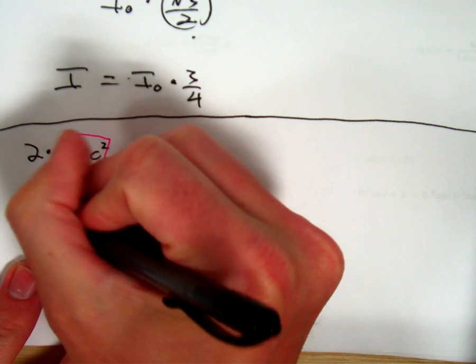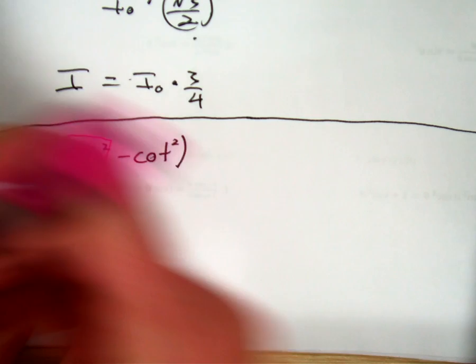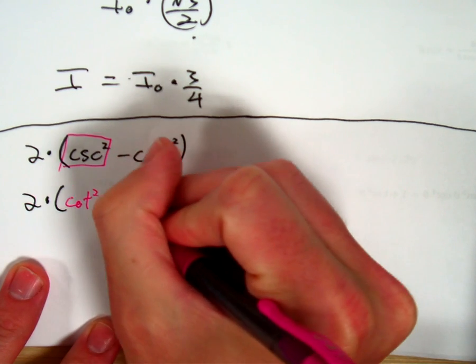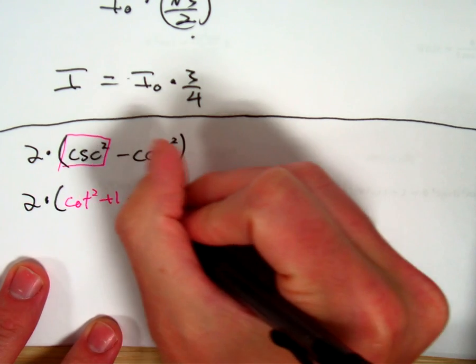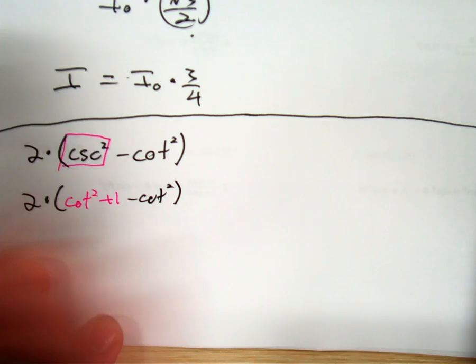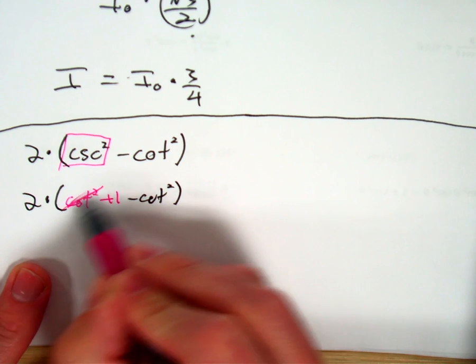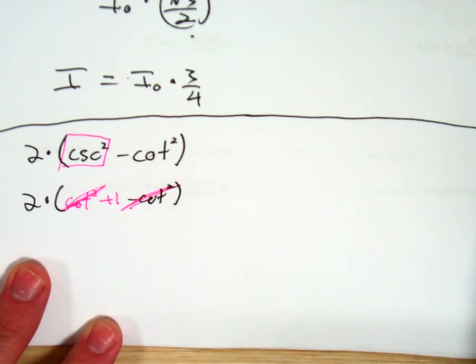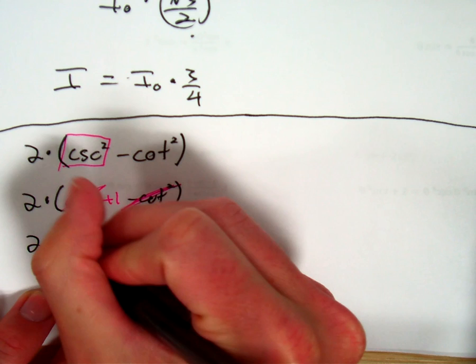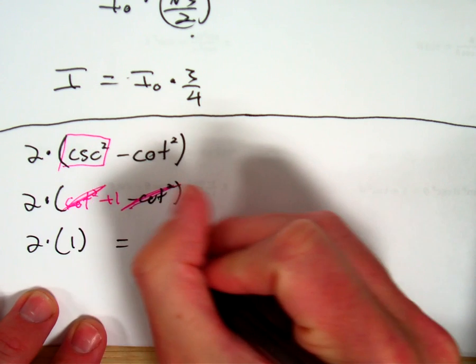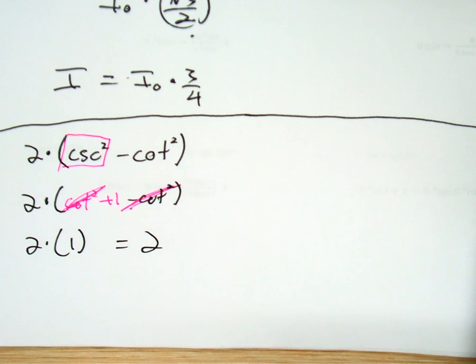Okay, that's going to be cotangent squared plus 1. And we still have our minus cotangent squared. Okay, cotangent squared minus cotangent squared, 2 times, all that's left in there is 1, and we have 2.